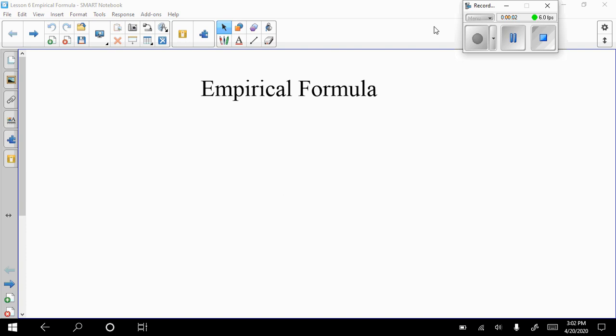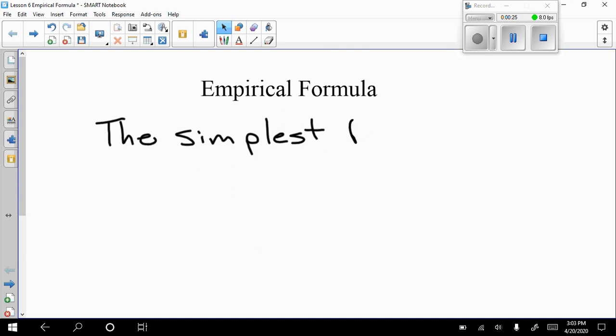Hi, everyone. So we're here for the next lesson in Unit 3, and it's called the empirical formula. What the empirical formula is, quite simply, is the simplest formula of a compound.